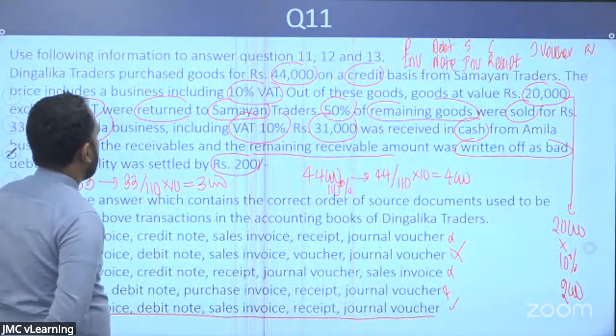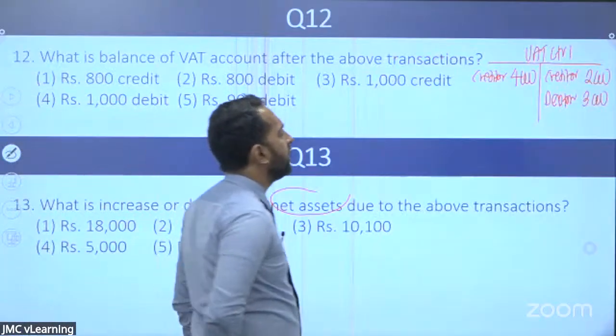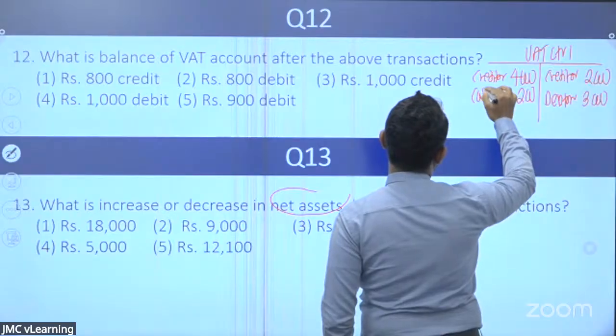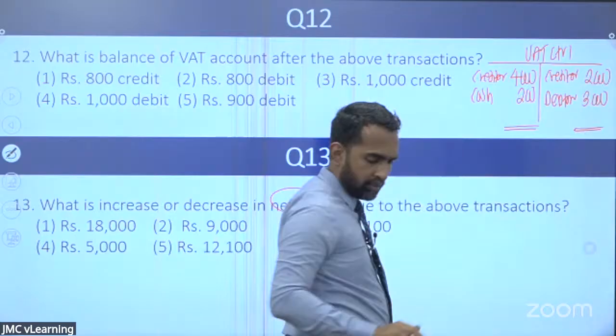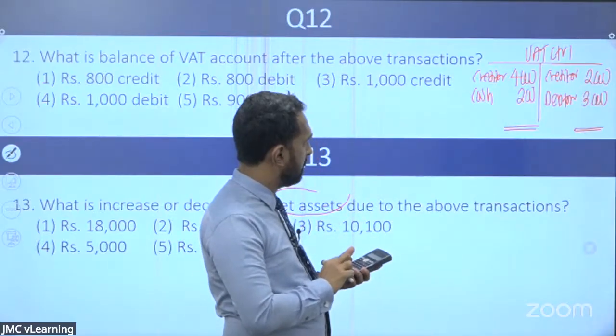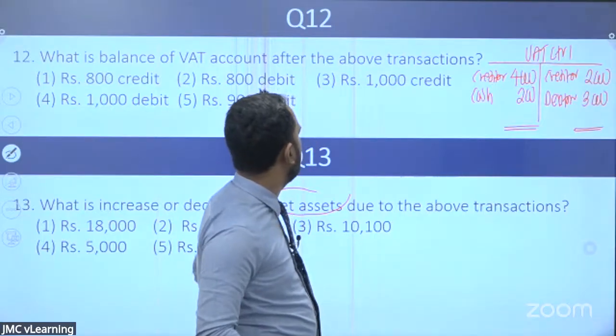Finally, they are saying VAT liability was settled by 200. When you are settling the VAT liability, cash is credited and the VAT control account is debited with 200. Let's try to close the T account. 5,000 minus 4,200 is 800.